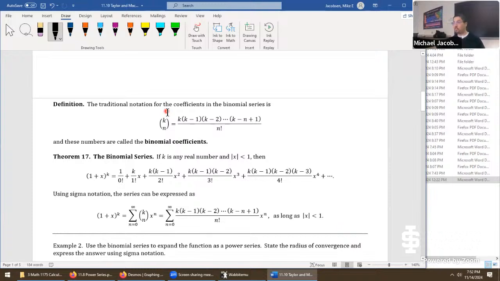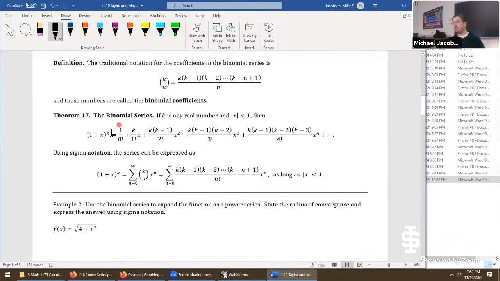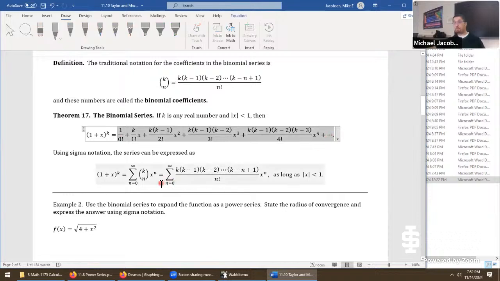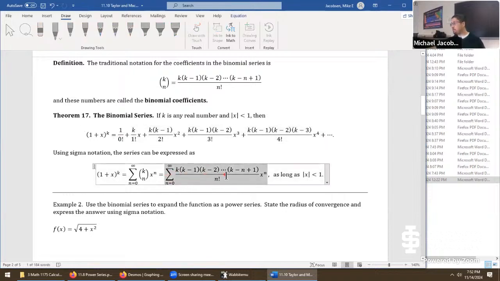So here's the binomial coefficient. The binomial series, if we expanded it out, this is what it would look like. If we prefer our summation notation, this is saying the same exact thing as the line above right here. And this is the super compact way to write it for people who don't mind that extra level of abstraction.